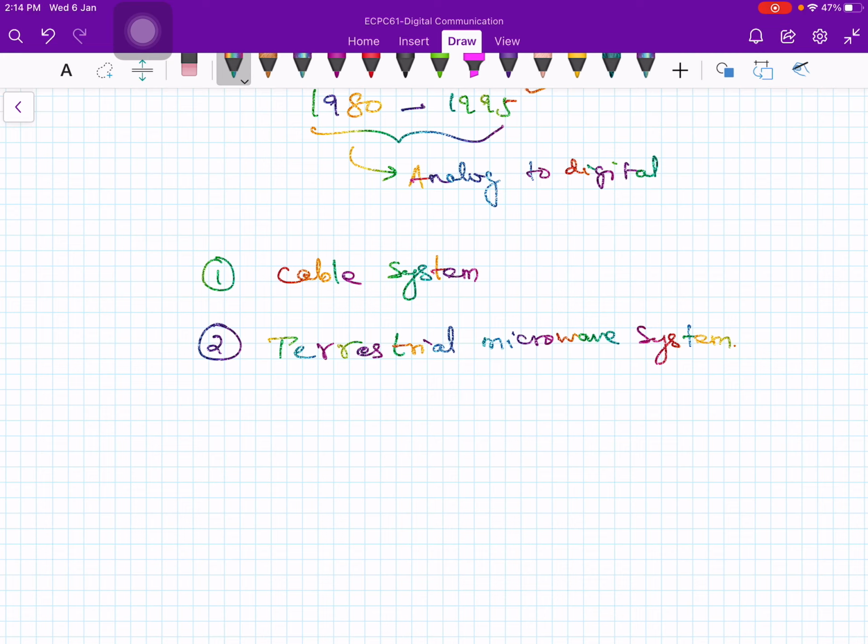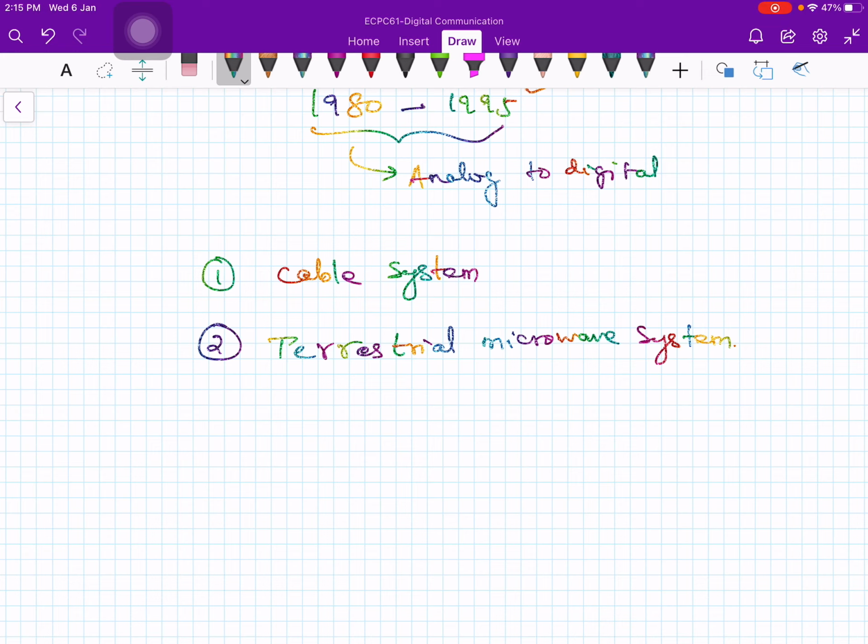The second type is terrestrial microwave systems, and I'm sure you are familiar with these two types of systems. You must have seen microwave towers sprouting all over the countryside, which link one place to another through a microwave channel.